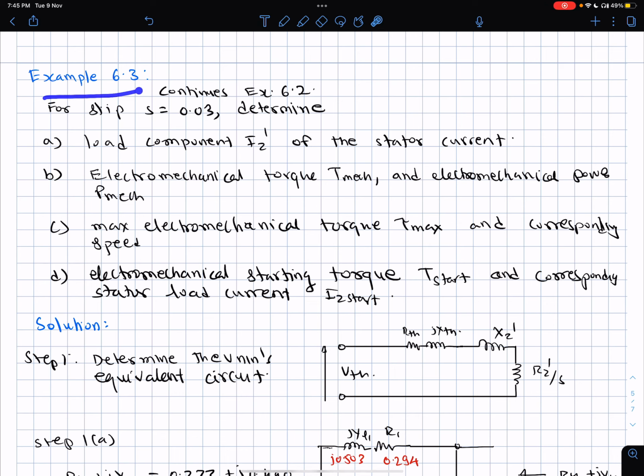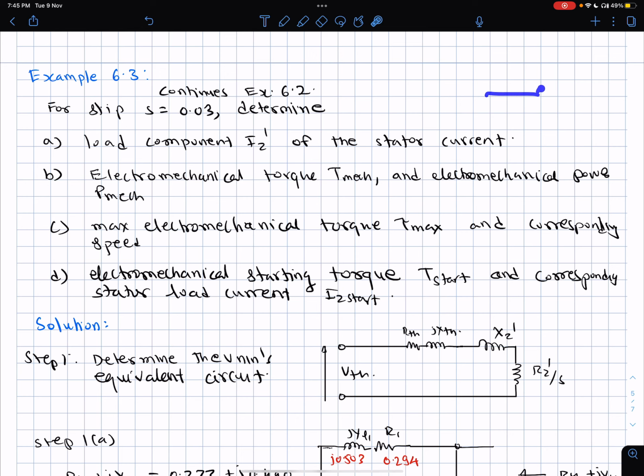This is the last problem. Example 6.3, which continues with the same data as in the previous example, except that now the slip has become 0.03. Now determine the load component of the stator current, I2 dash. That's the first question.